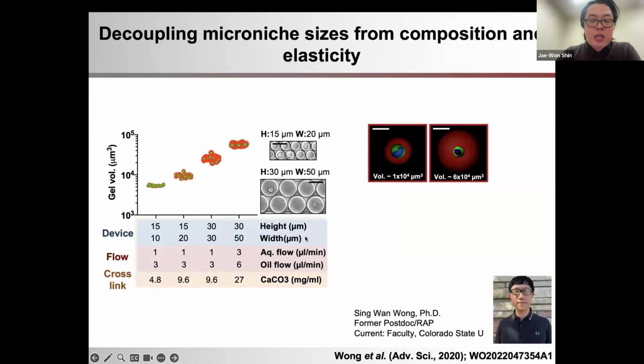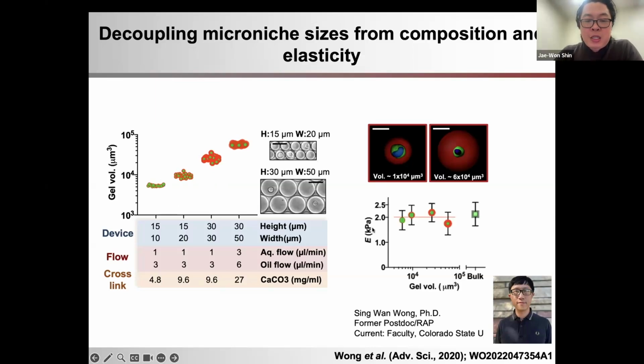And we demonstrated that it is possible to vary the amount of hydrogel around individual cells, ranging from 1 micron in thickness all the way to hundreds of microns in thickness, while maintaining the intrinsic material properties such as the elasticity as well as the viscosity.